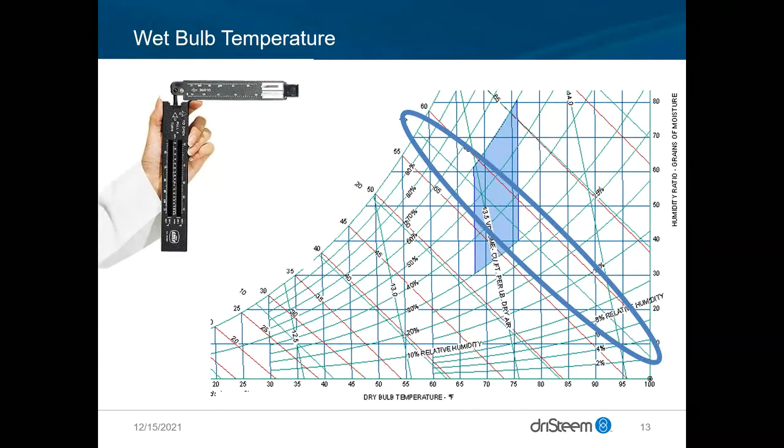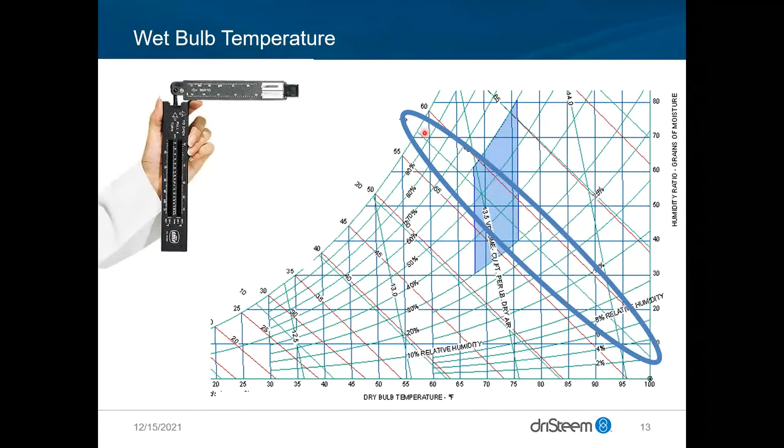So other lines here, these green diagonal lines, are what's called wet bulb. If you were to take that thermometer measuring your dry bulb, this is a sling psychrometer. You see on the left here a typical tool to measure wet bulb. It has a wick on it that you can soak in water and then spin this device, showing what the wet bulb temperature is.